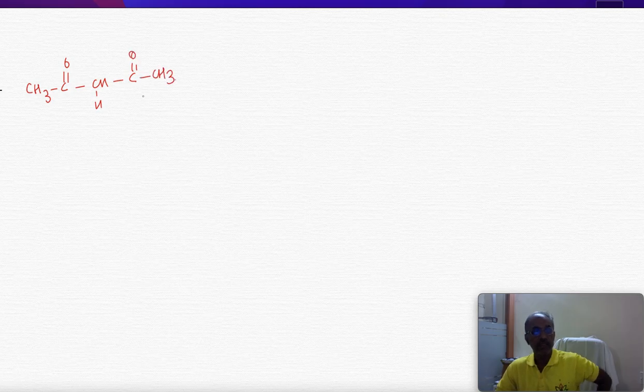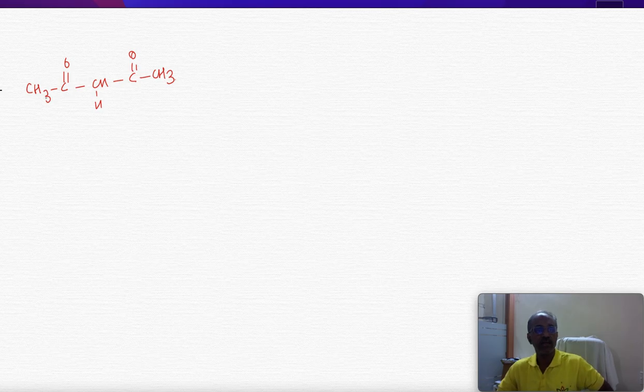CH3C double bond O dash CH. Take for example, this is nothing else but a dione, right? Pentane dione. Okay.